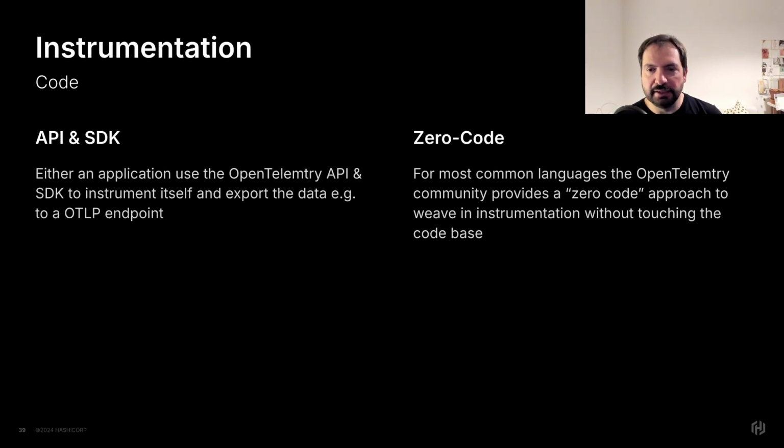The other way is to use the zero code approach. This is where the OpenTelemetry community provides a tool for each programming language out there that weaves in the instrumentation without you needing to touch your code base, which is a great way to get started.